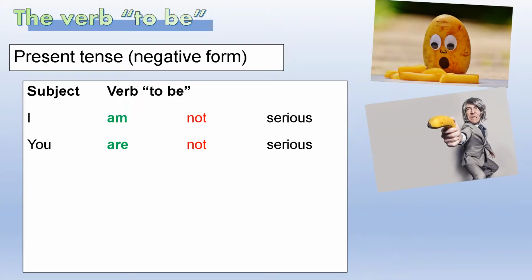Present tense negative form. For this form, we use the word not. Here's the subject, I. Here's the verb to be, am. Then not, serious. So the word not goes straight after the verb to be. I am not serious.